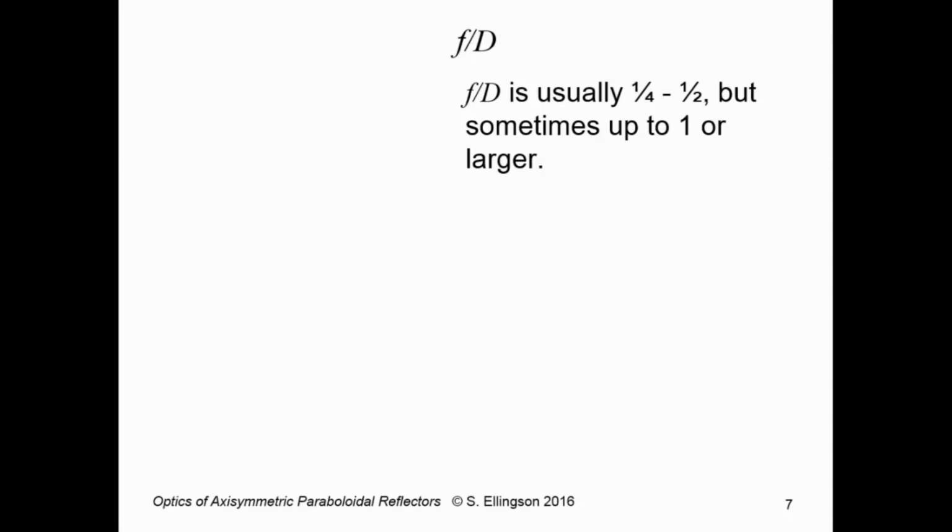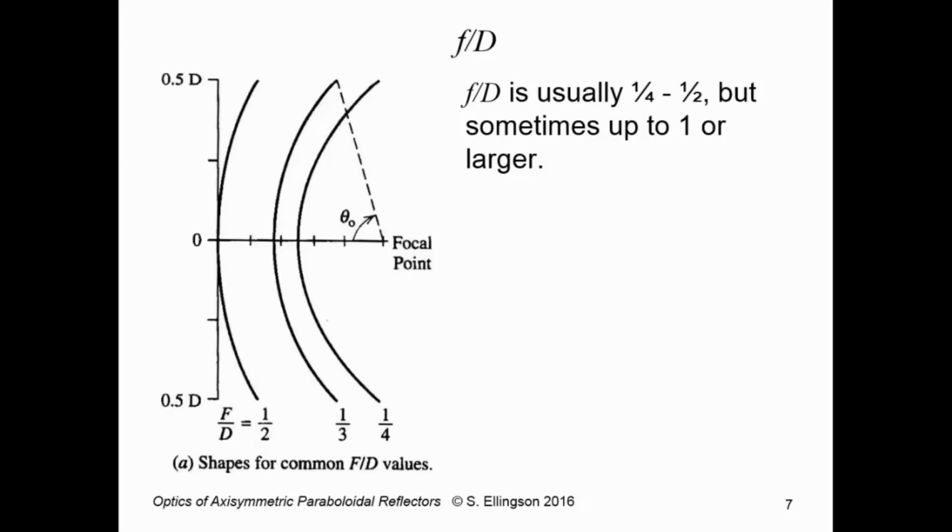Now, F over D for typical reflectors is usually between 1/4 and 1/2, but sometimes up to 1 or larger, but typically between 1/4 and 1/2. Here's a picture which kind of illustrates the range of possibilities. So here is the focal point, which we've been calling O, and this is the vertex for the F over D equals 1/2 reflector.